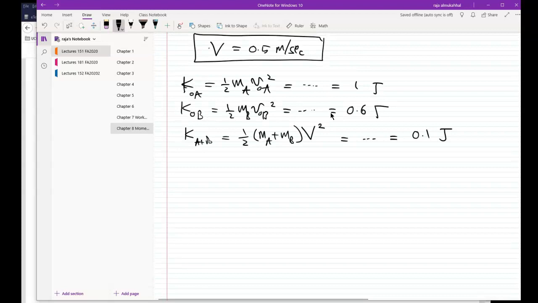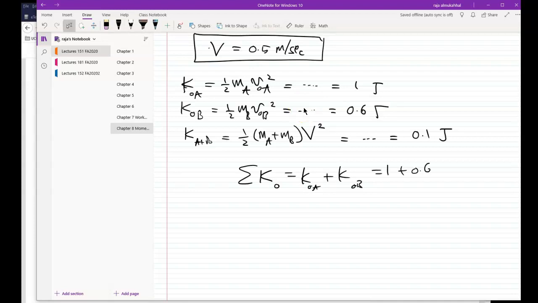See, if I take the sum of the kinetic energy before, and they're not equal, I'm just going to go, what is the sum of the kinetic energy before? Well, it's basically the kinetic energy of particle A plus the kinetic energy of particle B, and that's 1 plus 0.6 is equal to 1.6 joule, as you can see here. See that?